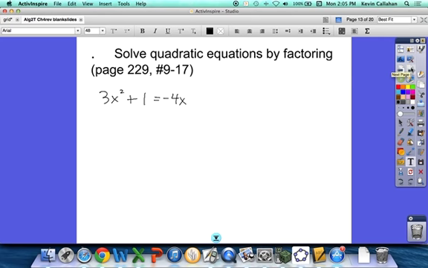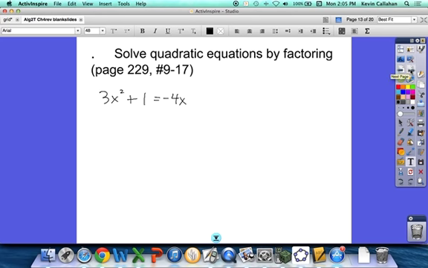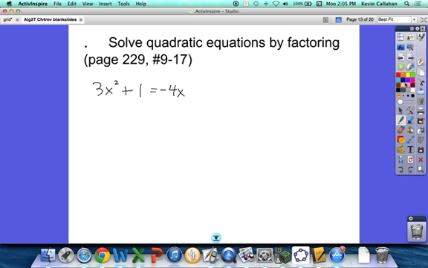Okay, solve equations by factoring. So for you guys, starts here. Oh, right there. So this was your number one. What did you have to do first?